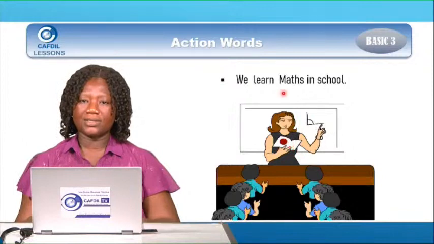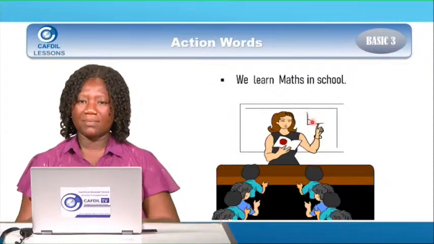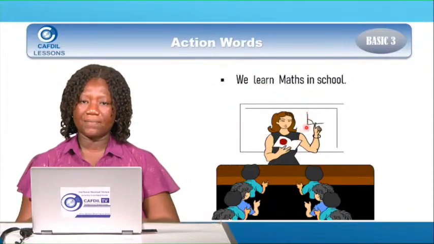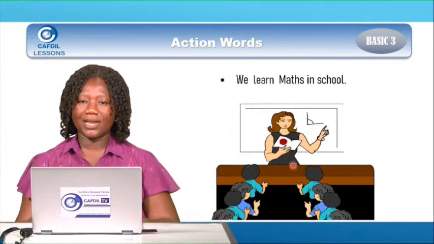Good. So we think they are learning maths because I can see an angle, and we learn angles in maths. So let's describe the action that is going on using we. We learn maths in school.